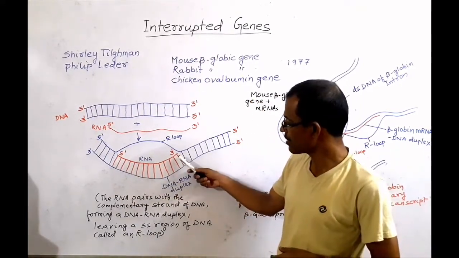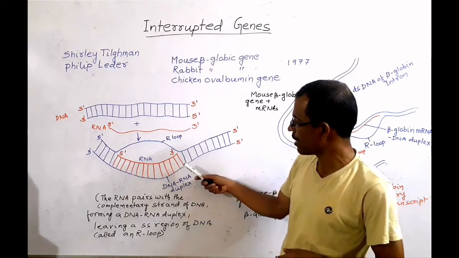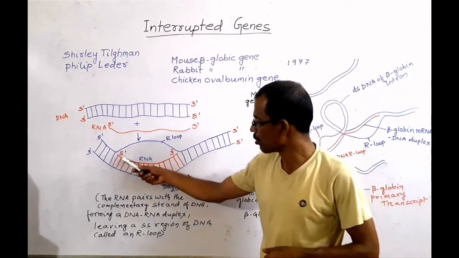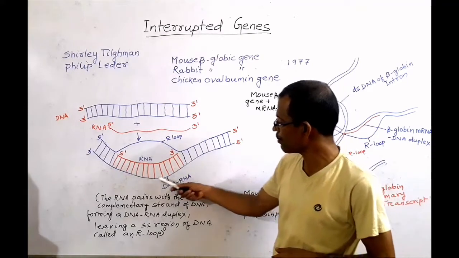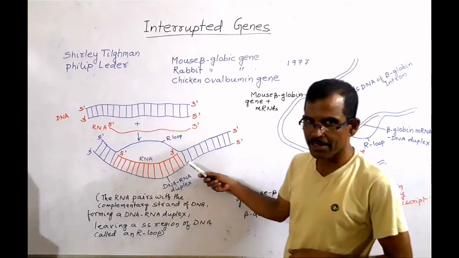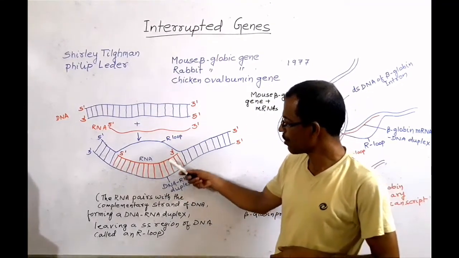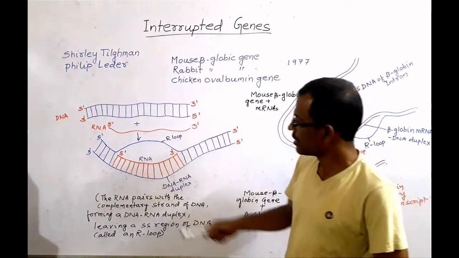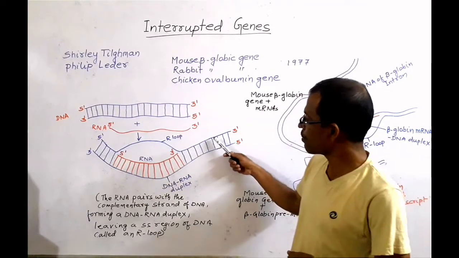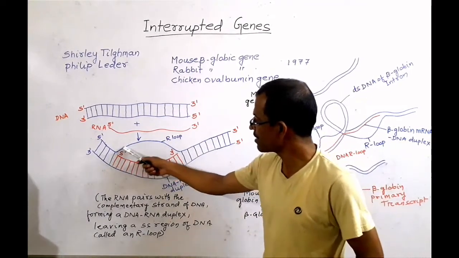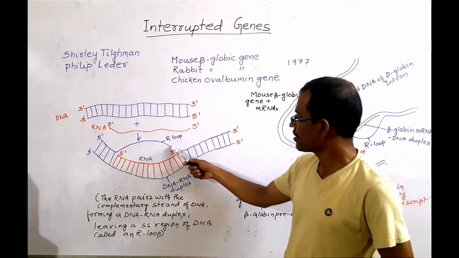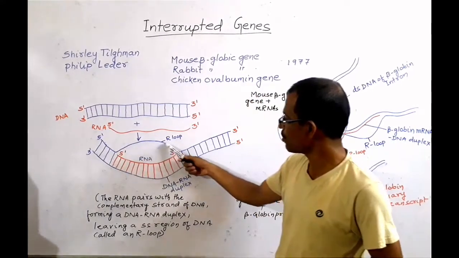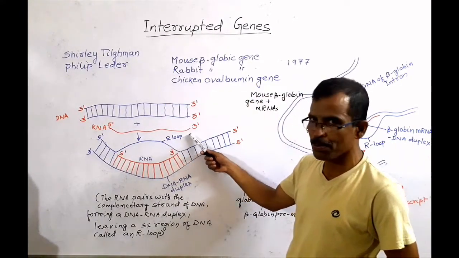So here, friends, hybridization has taken place between this homologous RNA and the complementary DNA strand, resulting in the formation of a DNA-RNA hybrid. This DNA-RNA hybrid contains a single-stranded region, which is known as the R loop.